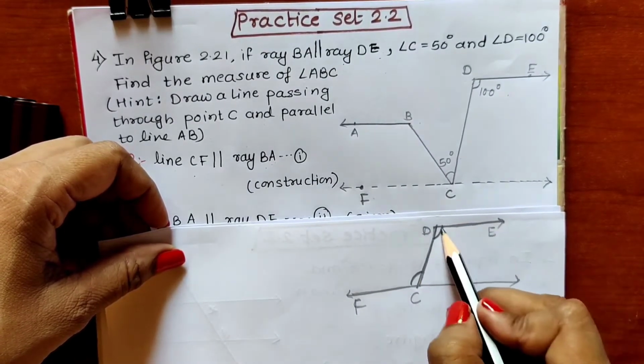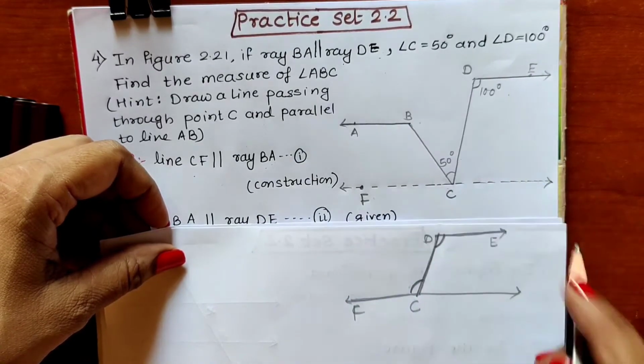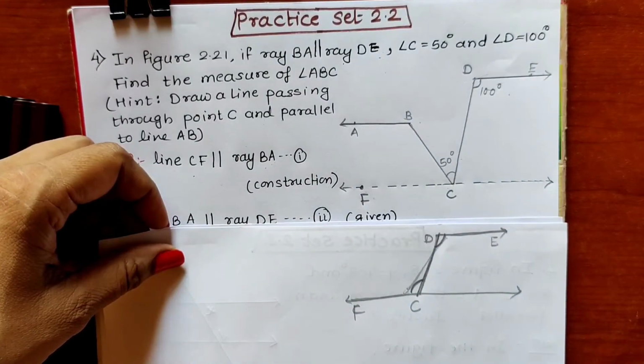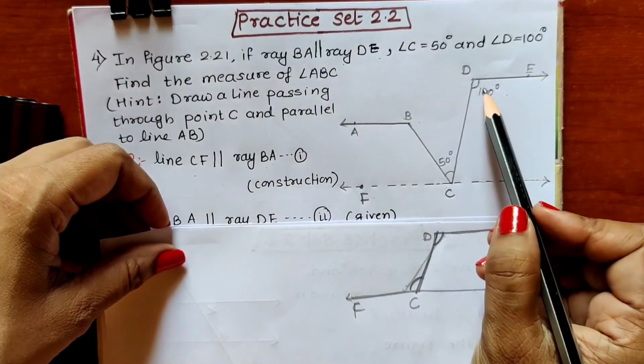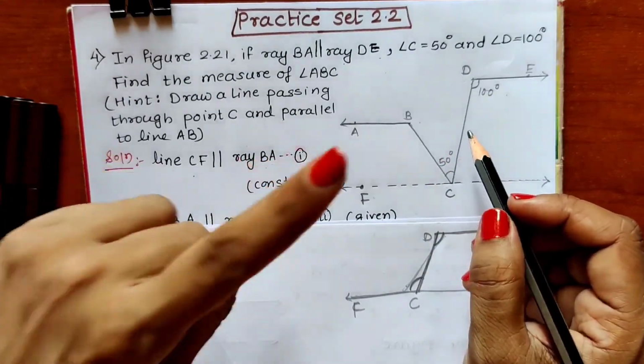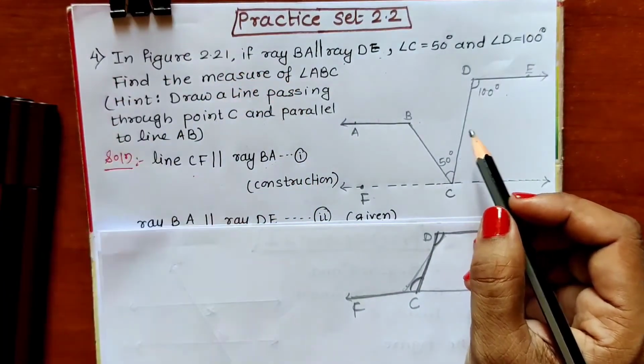Okay, these two angles are alternate angles because they are inside two lines and they are in the opposite direction. That's why they are alternate angles. But here, instead of writing the names of alternate angles by using one letter only, we will be writing by using 3 letters. Okay, so there will not be any confusion.